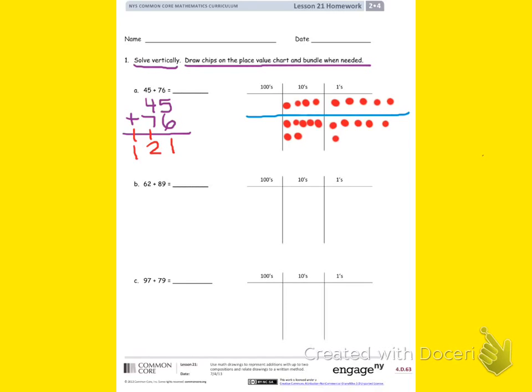And now I'll draw my equals line in a different color. So 5 plus 6, do I have enough to make a 10? Sure enough. I'll circle the group of 10 ones here, and I'll move it right over to the tens column, because 10 ones is the same as one group of 10.